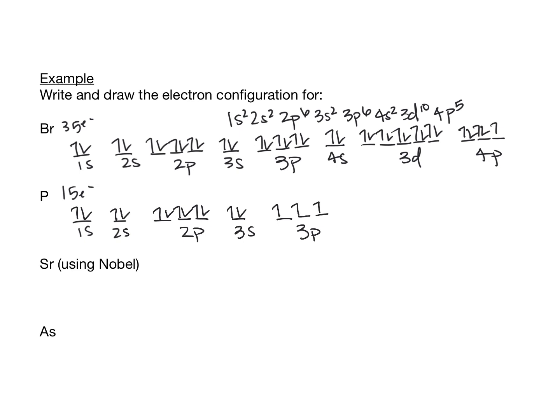So we can see that this would be 1s2, 2s2, 2p6, 3s2, 3p3.